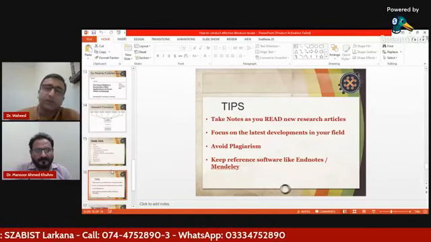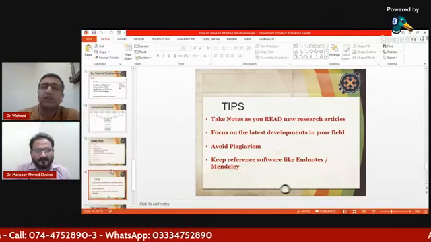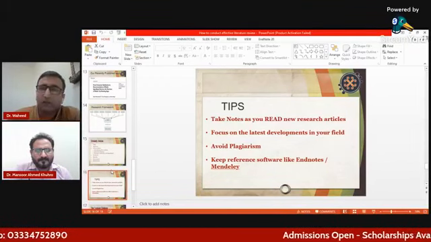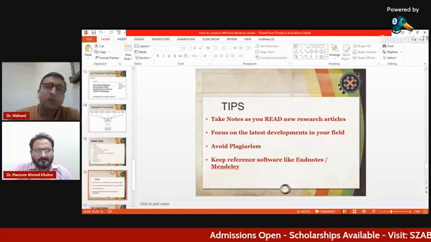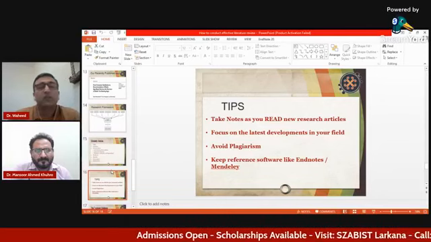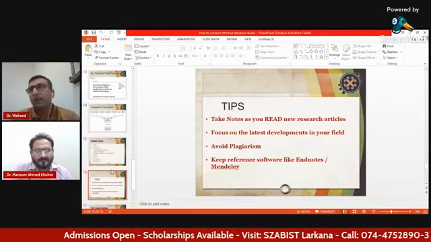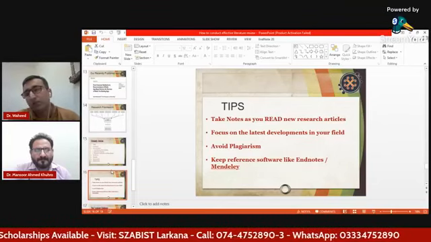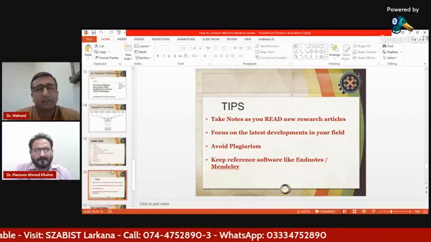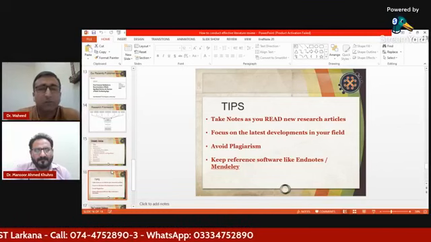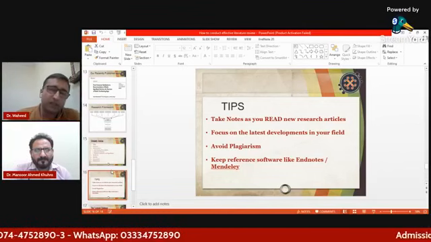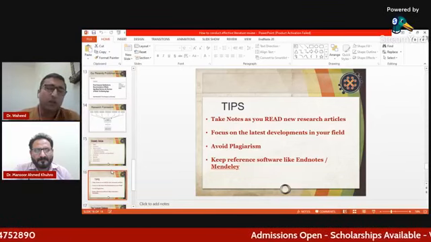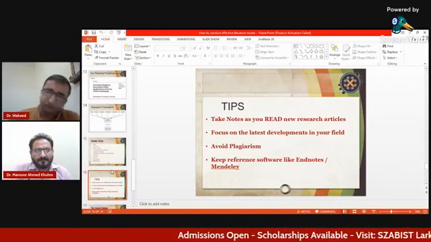So, some helpful tips, as these are actually the things that I normally take care of whenever I am working on any research article. The first thing is to keep on taking notes, because your literature review will require very extensive study, extensive reading. There would be a lot of articles that you would be reading as you go through your literature review activity.